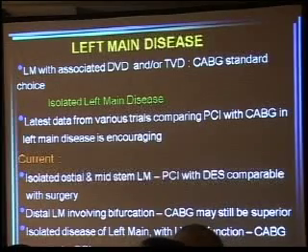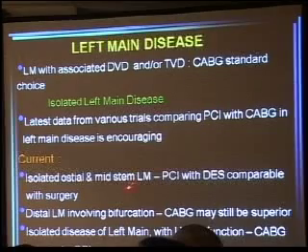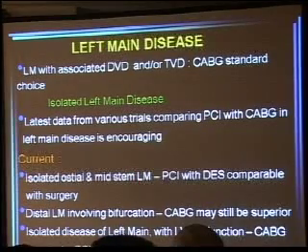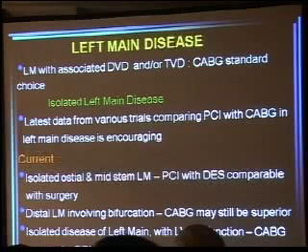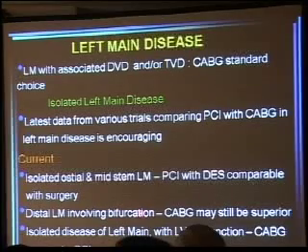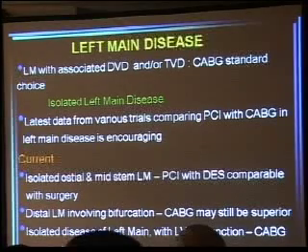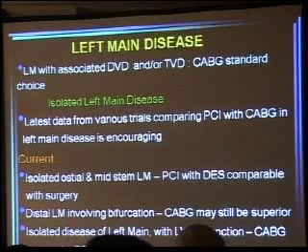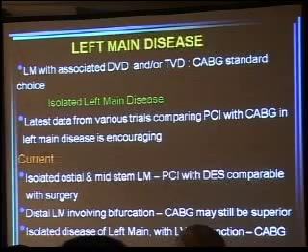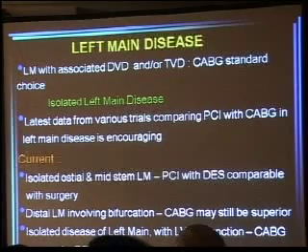As of today, for isolated ostial and mid-stem left main disease, drug-eluting stents are comparable with surgery. However, for the distal left main involving the bifurcation, bypass may still be superior. And of course, in isolated left main disease with LV dysfunction, a bypass is going to be superior to PCI.